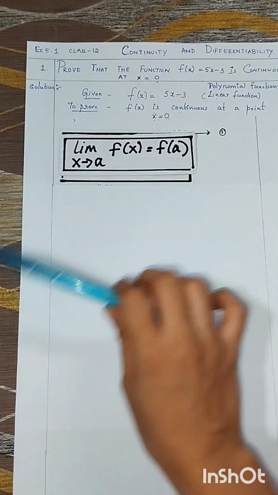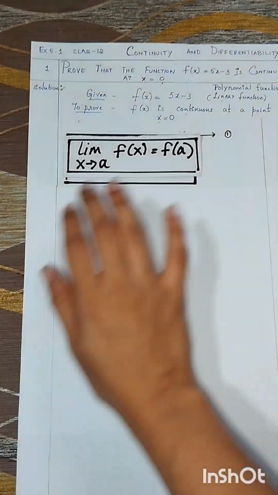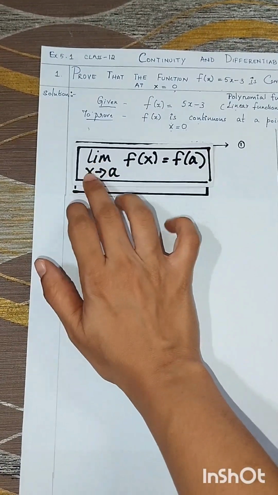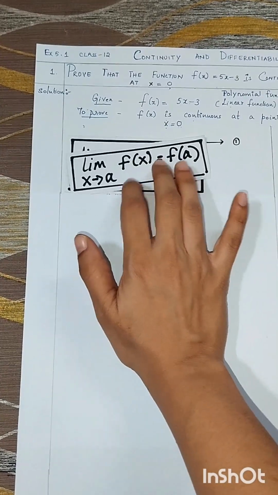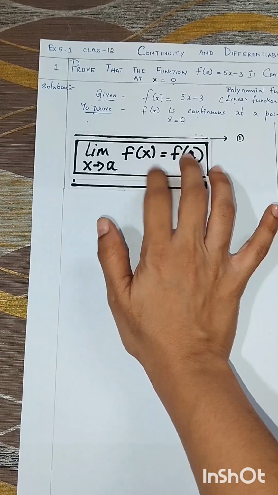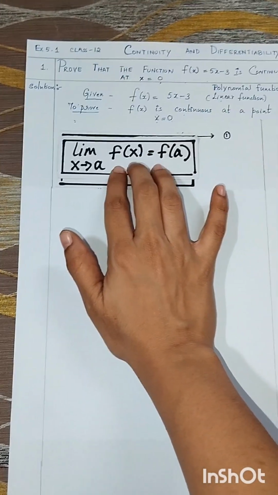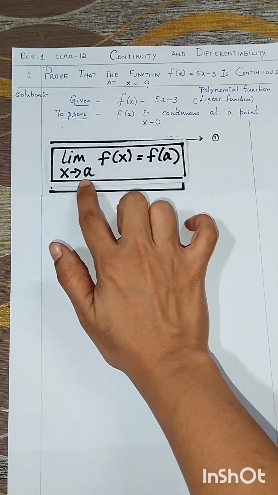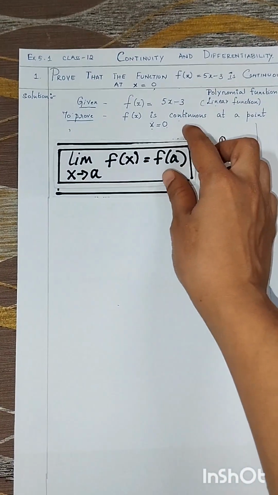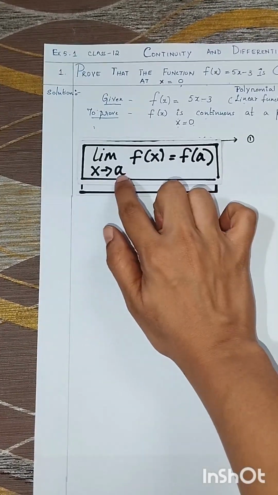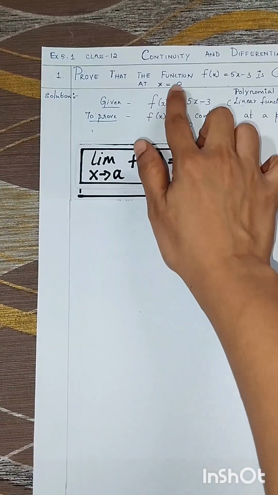So to prove that the function is continuous, we know that when limit x approaches a, f of x is equal to f of a. So this is the condition we have to prove for a function to be continuous at a point x equal to a, right? But here the x value is equal to 0.